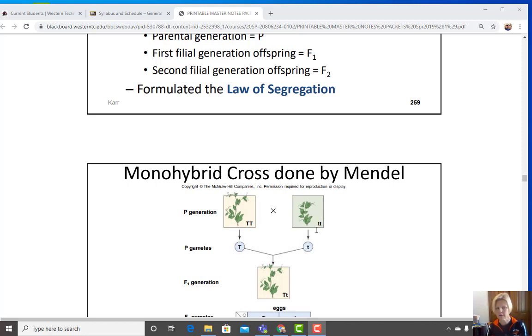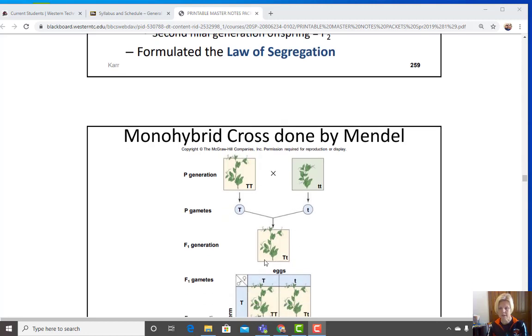So when this, let's call this the sperm and this the egg, when these come together, the offspring are all going to be big T, little t. So we call this the F1 generation. All the offspring of parents that are big T and little t are all going to be heterozygous. So they all are going to be tall because we know the big T is expressed and dominates over the little t.